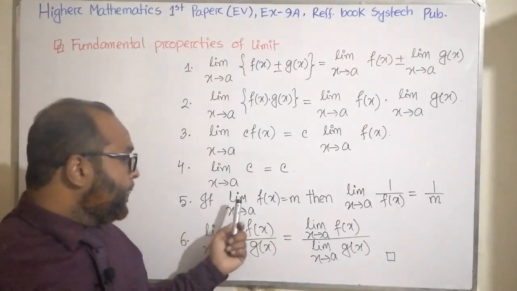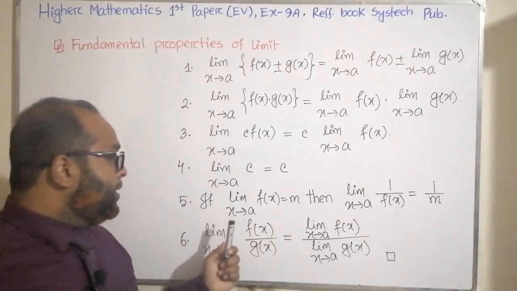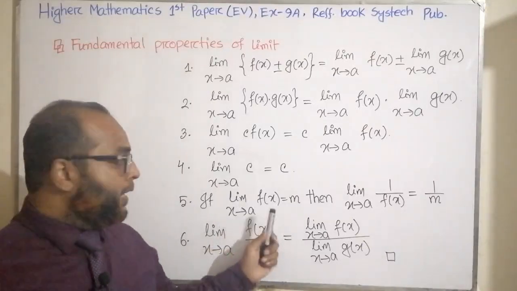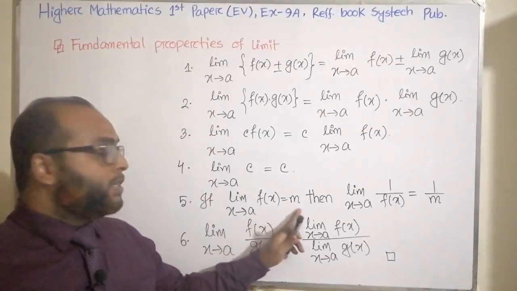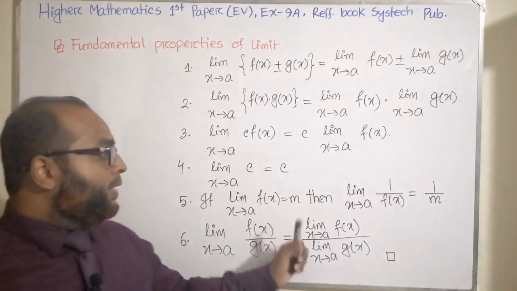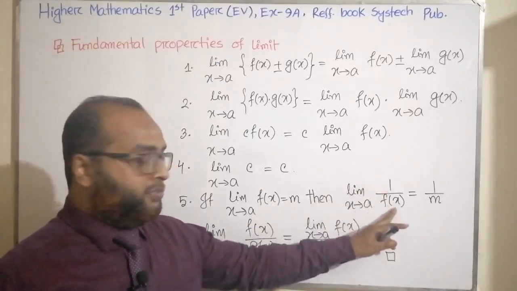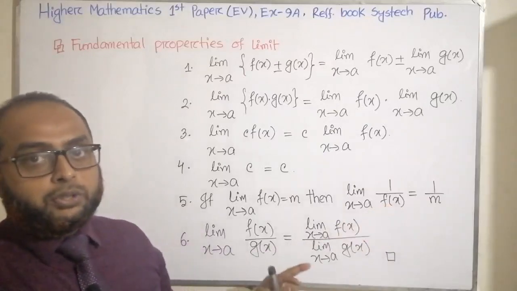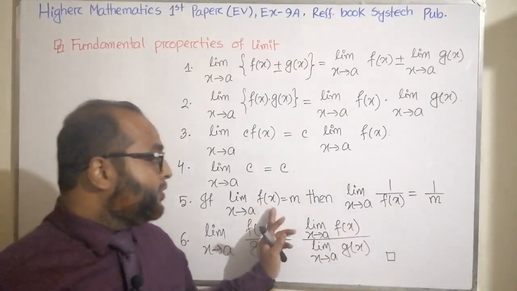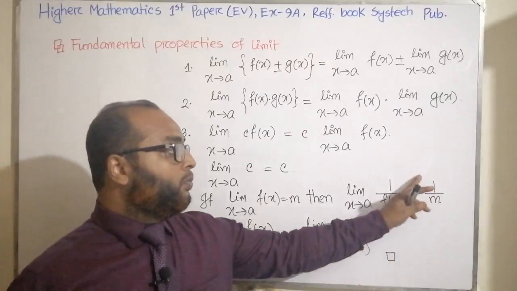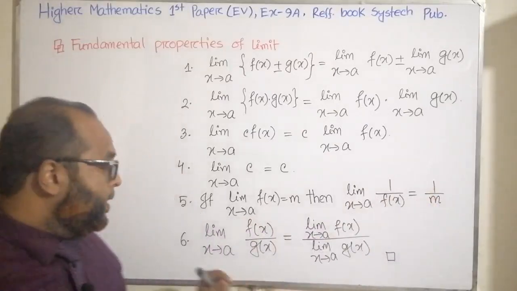Number 5, if limit x tends to a, f of x equals m, then limit x tends to a, 1 by f of x, the reciprocal of f of x, equals 1 by m.